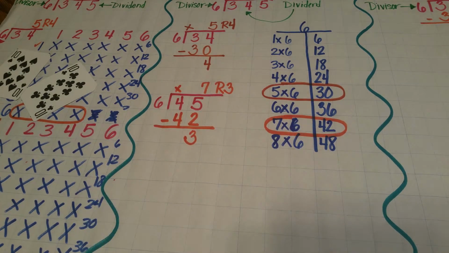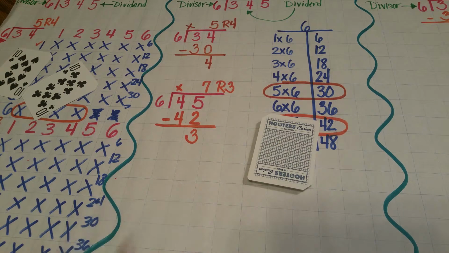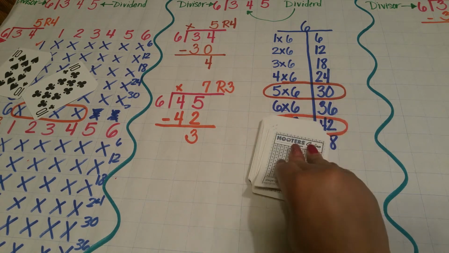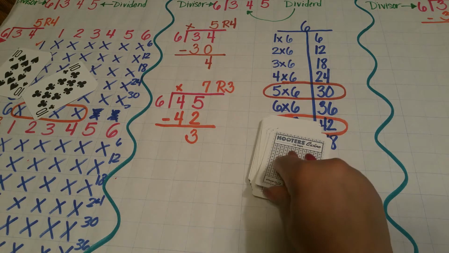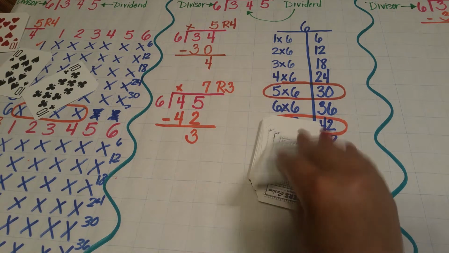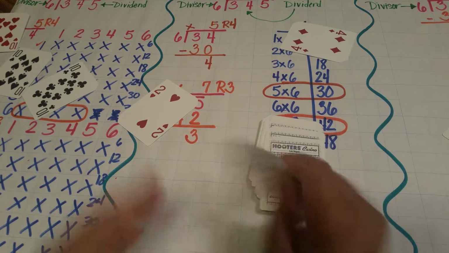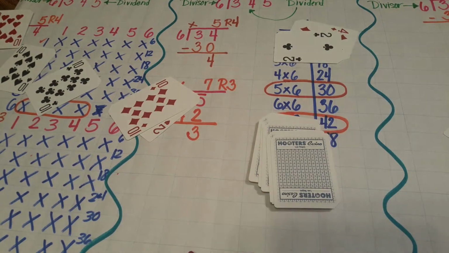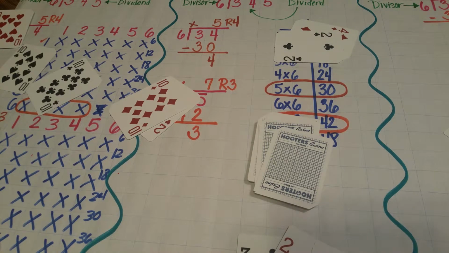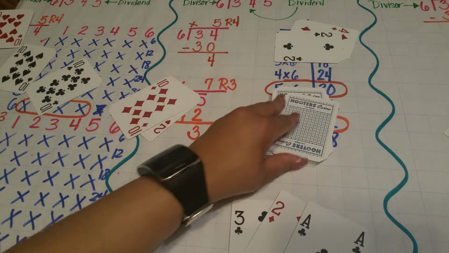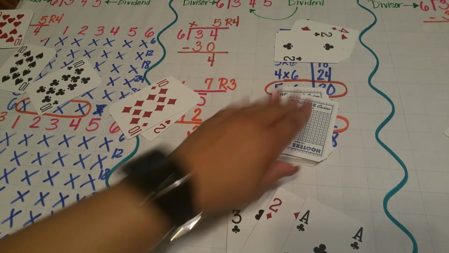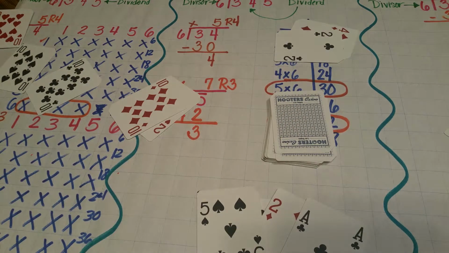So you're going to create your division problem. You're going to shuffle it up, and each person will grab a card. Again, I need to take the 10s out. Each person will grab a card until they all have 4 cards. The first 3 numbers that they draw will be their dividend. So I have 321 as my dividend, and I'm going to divide by 5.